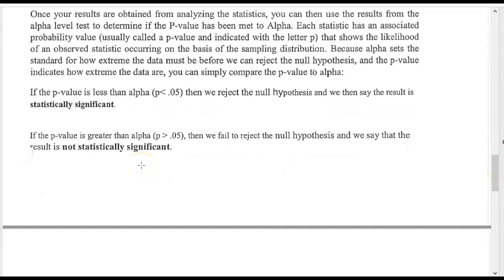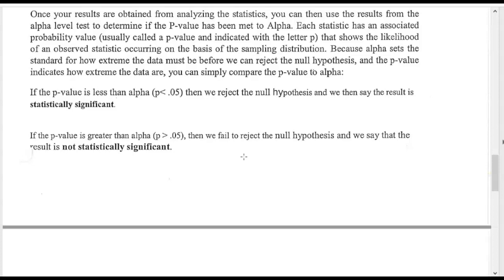It talks about how if the p-value is greater than 0.05 in most psychology experiments, then we fail to reject the null. In other words, we say that the null is accepted or retained. There's a couple of different ways to say that. But remember, your hypothesis is probably that there is a difference or there will be a difference.